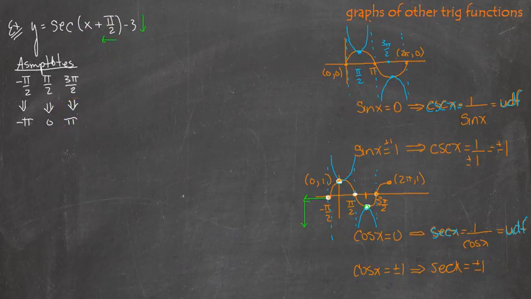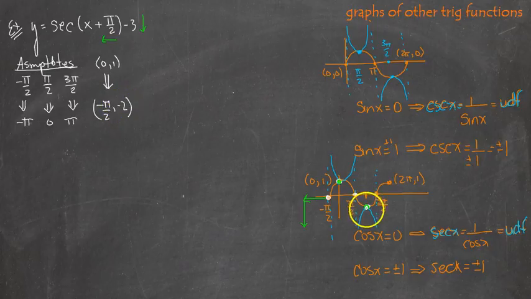So now I have my asymptotes, and what I need is to map the point 0, 1. The x-ordinate is going to go backward pi over 2 units, so 0 minus pi over 2. And the y-ordinate is going to go down 3. 1 take away 3 is negative 2.